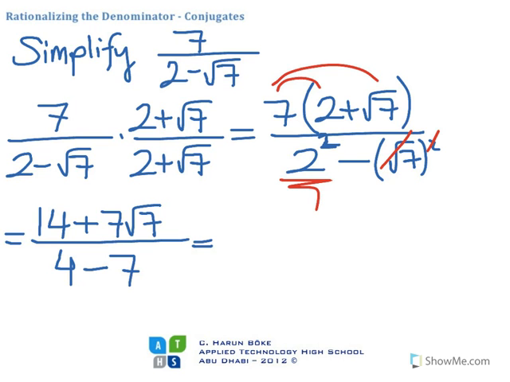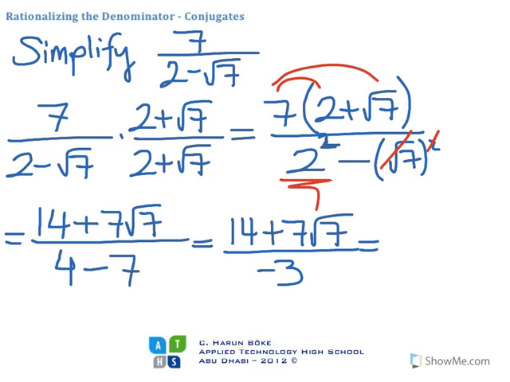Now the top is the same again, 14 plus 7 square root of 7 over, now the bottom is minus 3. Well, there is no problem having a negative number at the bottom, but we prefer to write it in front of the fraction line. So it will be minus 14 plus 7 square root of 7 over 3.